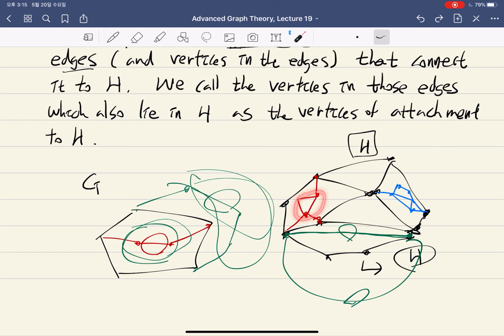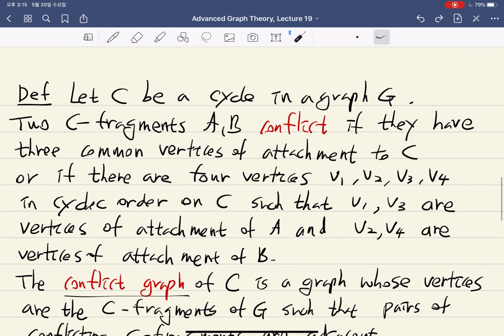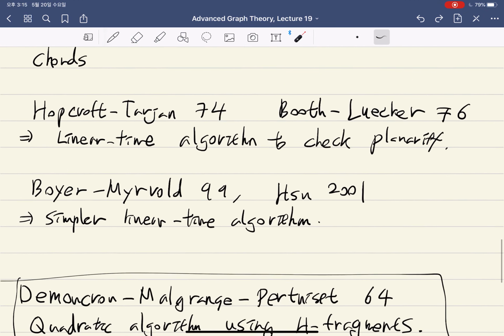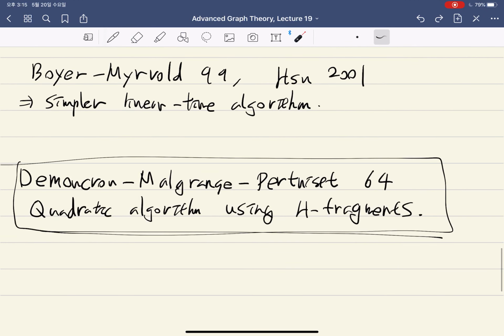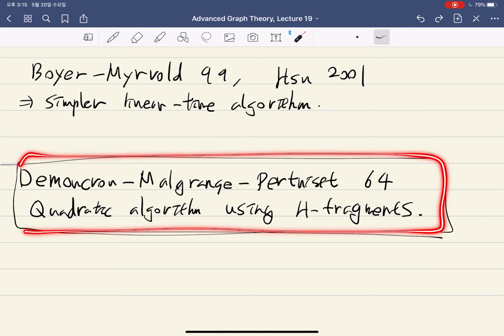For this fragment, this is the only face where it can be embedded. And for this fragment, this is the only face where it can be embedded. For this fragment, there are 2 choices of embedding. We want to make choices and then embed each fragment one by one, keep extending this H. So that's the basic idea of how we will prove this.